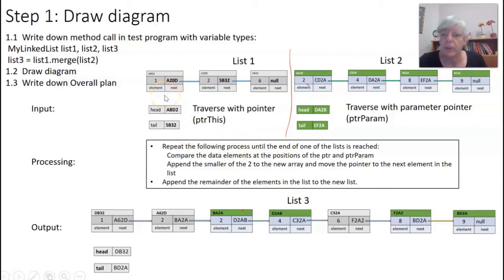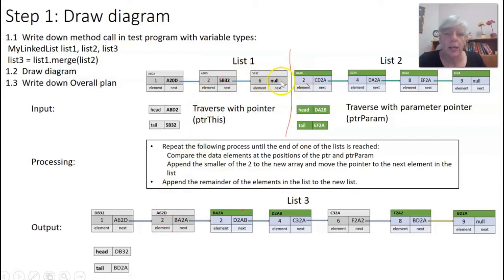First of all, what is your mind doing? I'm comparing this 1 and this 2. And I'm taking the smaller one and I add it to the list. Then I move on to this one and I compare the 2 with the 2. I add the smaller one there. It doesn't matter, they are equal, but I will move on.